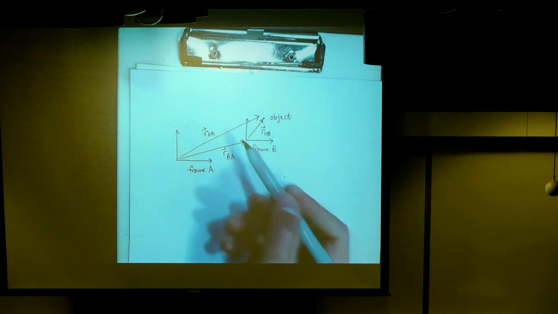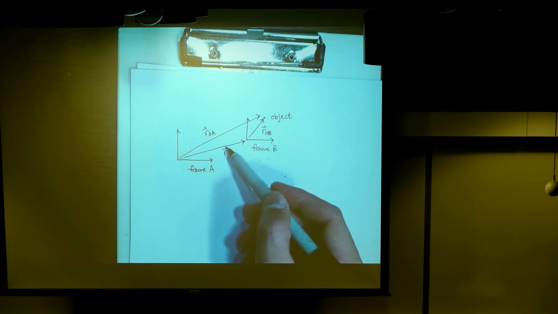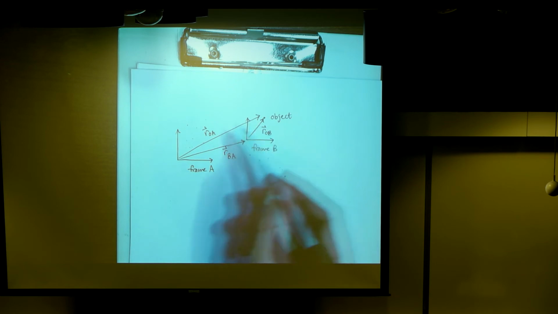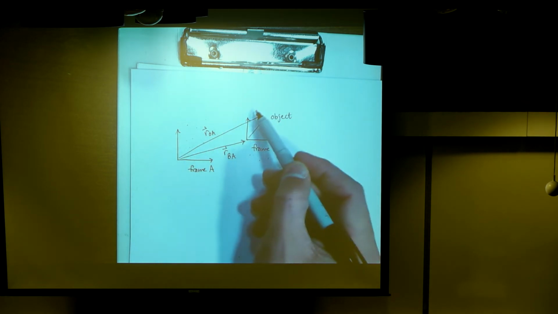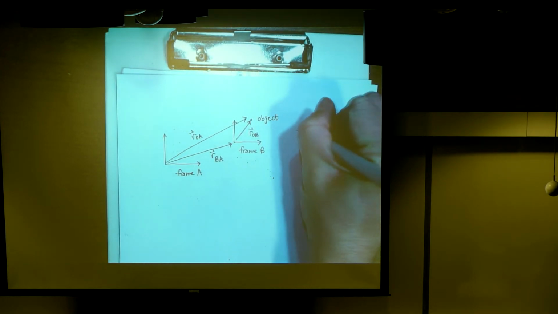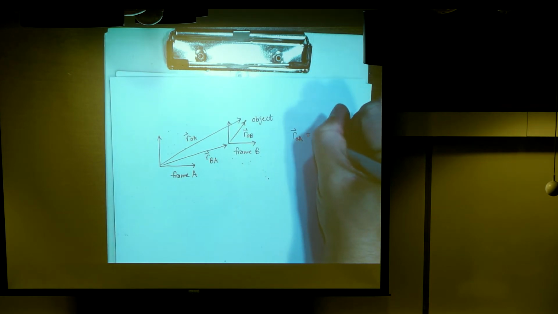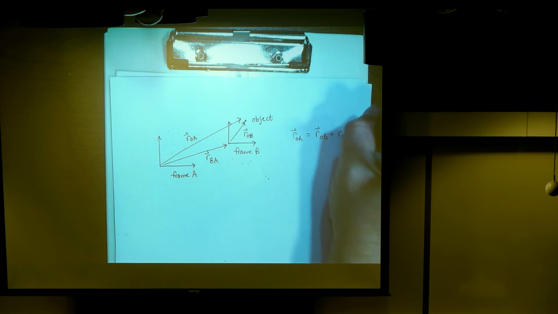And hopefully you see that we have a vector addition going on in this diagram. Can you tell me what that vector addition is? I have two vectors tip to tail, right? This one and this one giving me this resultant vector right here. So let me just write that down. It's ROA equals ROB plus RBA.